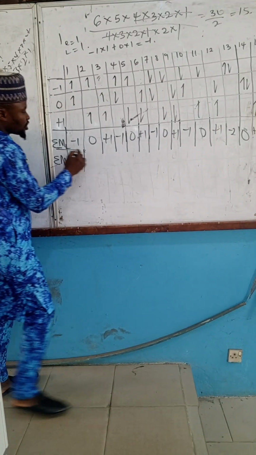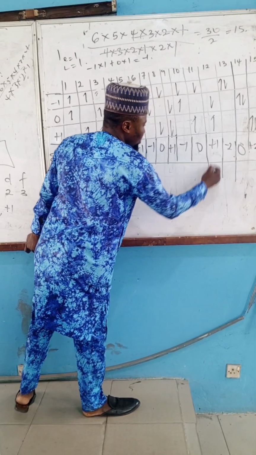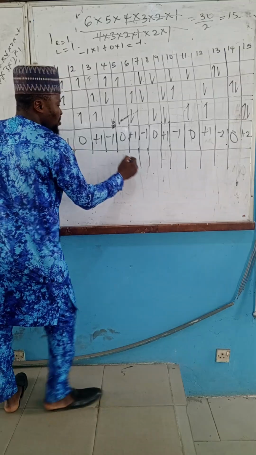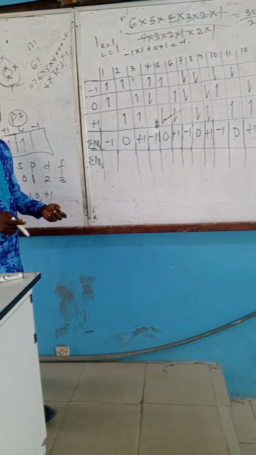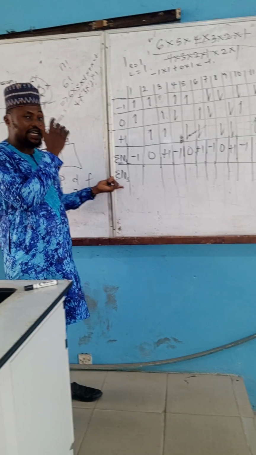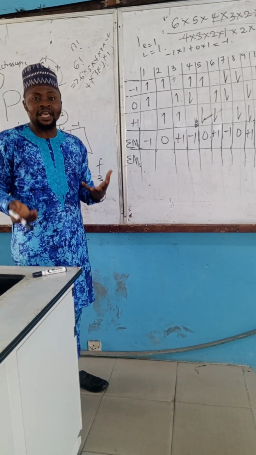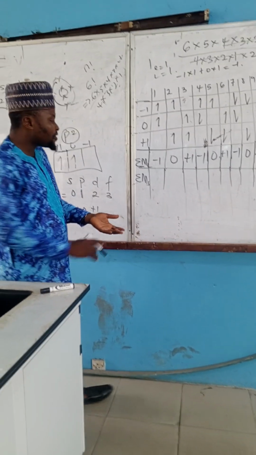Summation MS. You and I know that MS is the spin. So adding them together, whenever an electron is facing up, from our basic chemistry, it's plus half. When it is down, it's minus half.